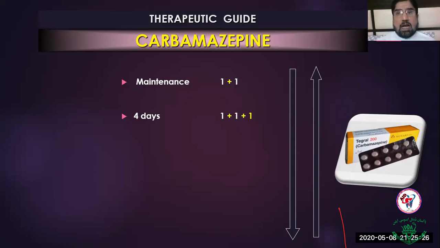You ask the patient to take the tablet at 6 a.m., then take the tablet at 2 p.m., then take the tablet at 10 p.m. 6 a.m., 2 p.m., and 10 p.m. That is the exact timing you have to describe to the patient, that these are the timings you have to take. Don't say morning, evening, and in the day.